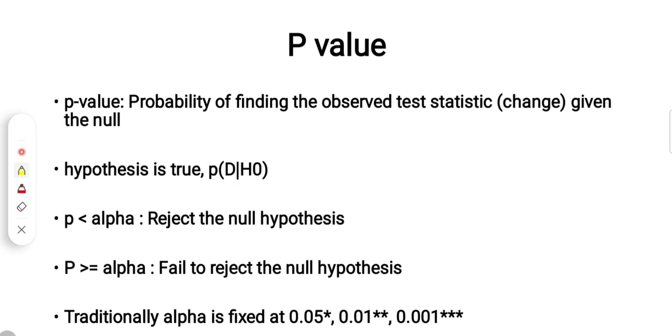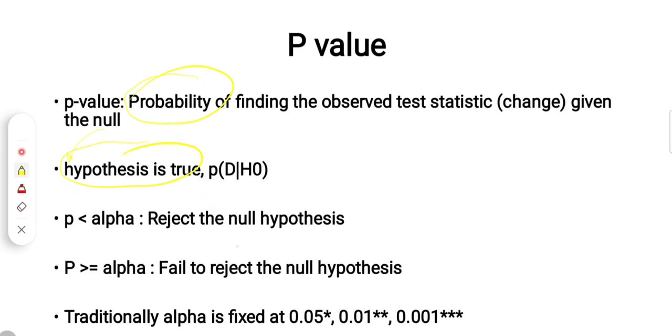Now the p value, okay. The p value simply tells about the probability of getting the result when the null hypothesis is true, okay. It just tells the probability, okay. So the p value is compared with alpha, okay.